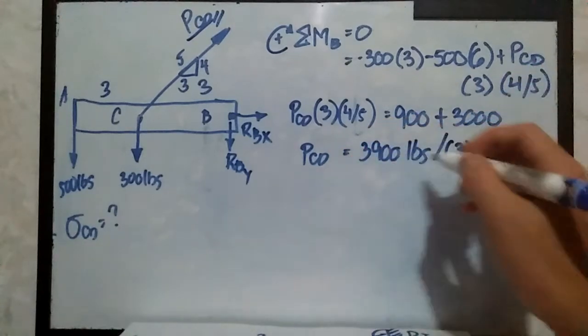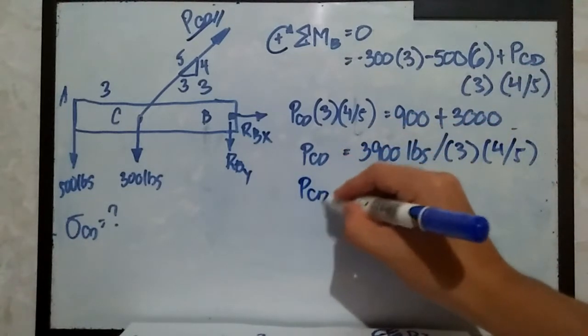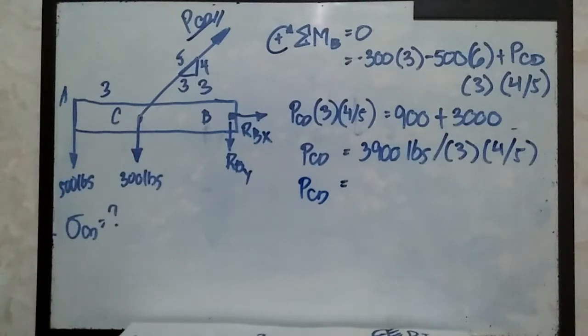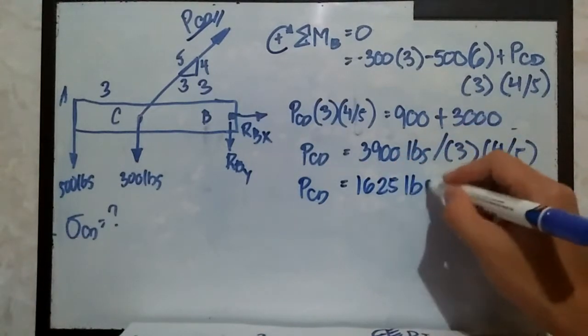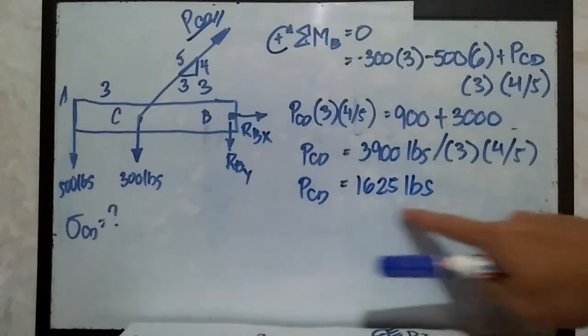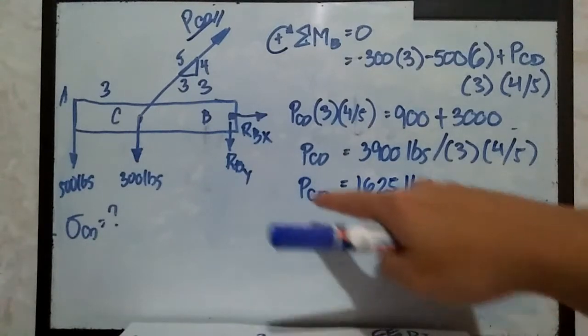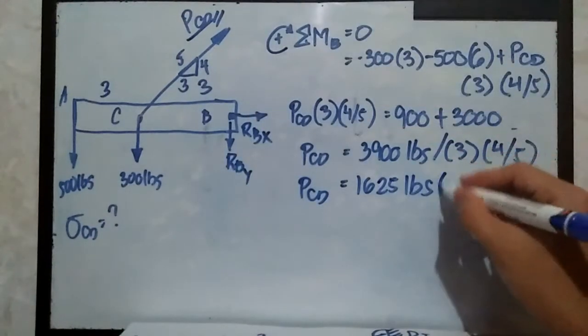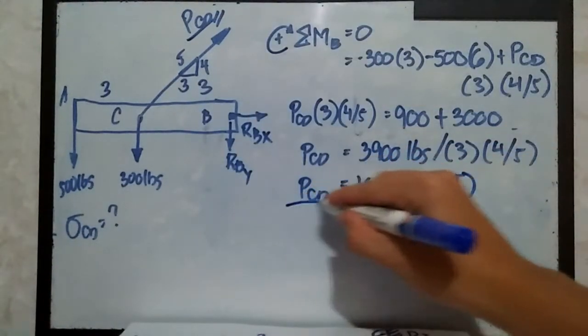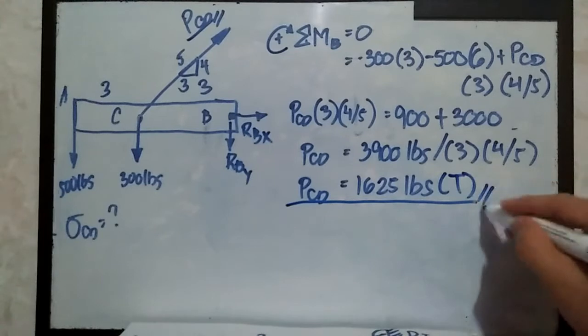And simplifying everything, P sub CD is equivalent to 1,625 pounds. And since we have a positive answer, meaning that our initial assumption that this is in tension is correct. So that's in tension. That's why we got 1625.